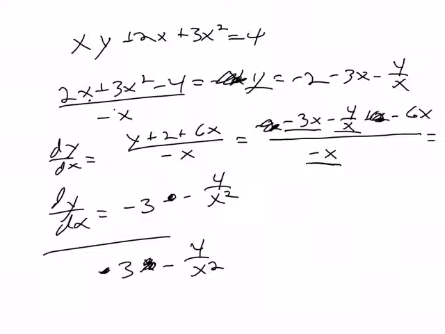And this and this, they're going to give you negative 4x squared, and then this and this, we're going to get a plus 6. Okay, so sorry, this should be minus 6, so we're going to get negative 3 minus 4 over x squared, which is what we're looking for. Good.